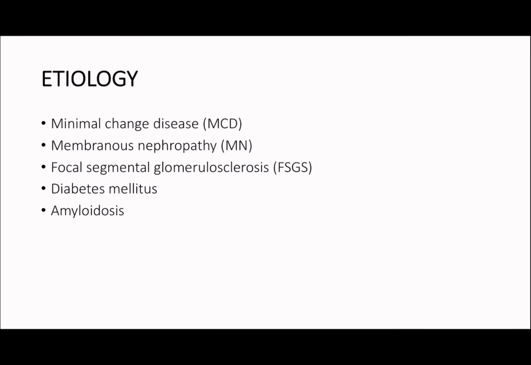The causes of nephrotic syndrome can be classified into 3 pathologic patterns according to the findings on kidney biopsy. And these are minimal change disease, membranous nephropathy, and focal segmental glomerulosclerosis. Each of these can be either primary, meaning idiopathic, or secondary to an underlying disease.